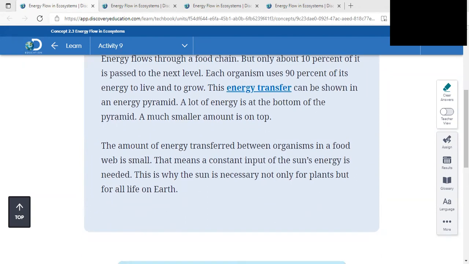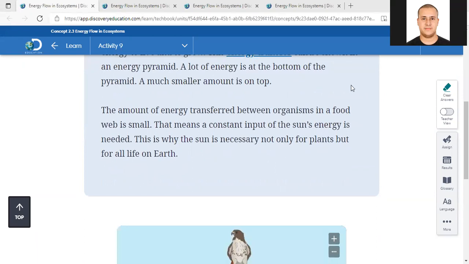Okay, continue. The small amount of energy transferred between organisms in a food web means that a constant input of the sun's energy is needed. This is why the sun is necessary not only for plants but for all life on Earth.